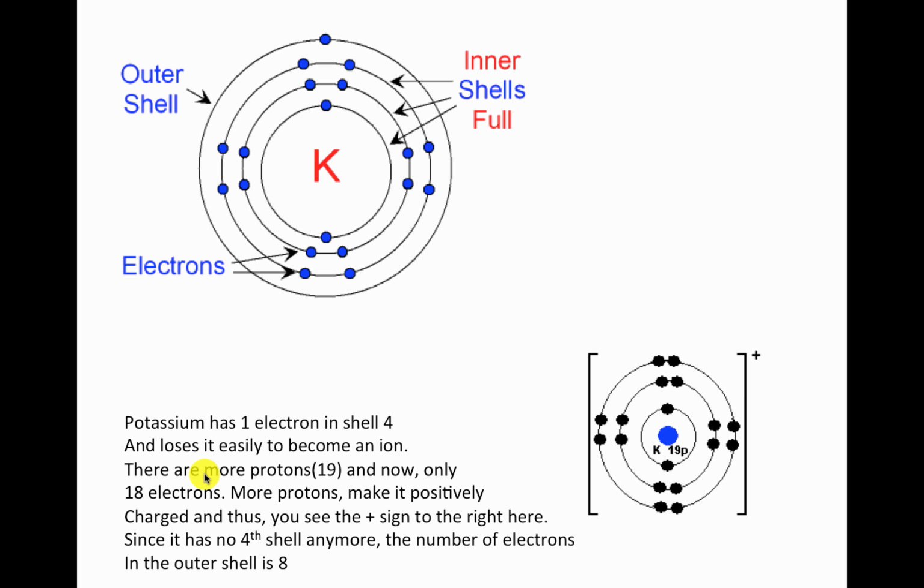The second shell here has 8. The third shell has 8. So that's 16 plus 2, which is 18. It has to have 1 more. So the last shell is going to have that 1 electron.